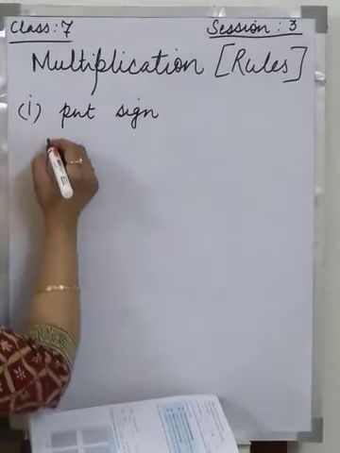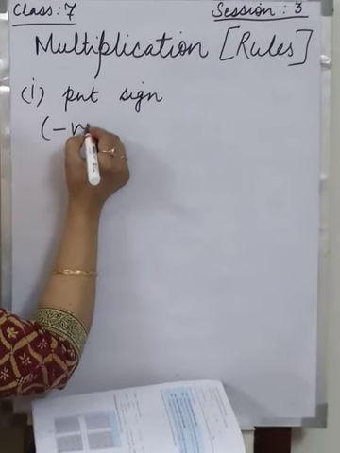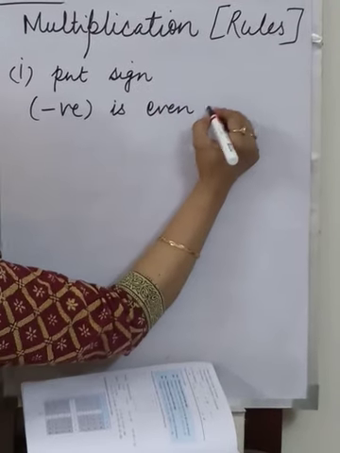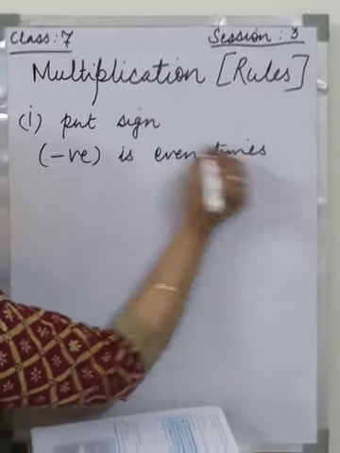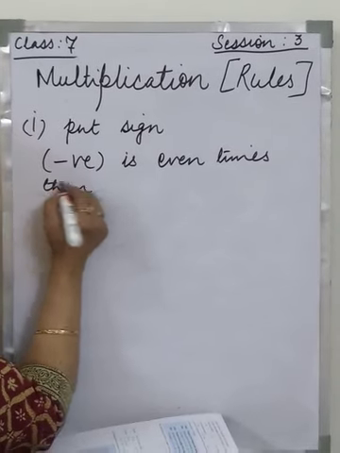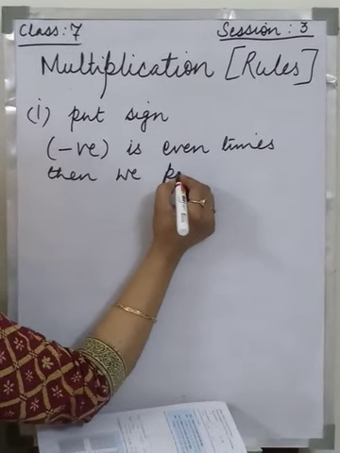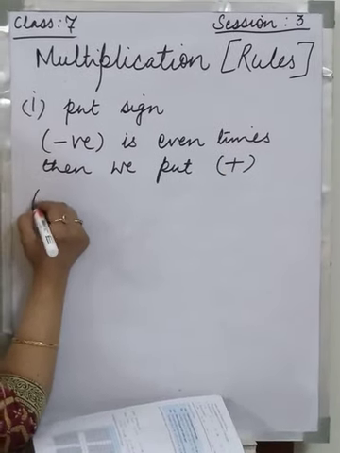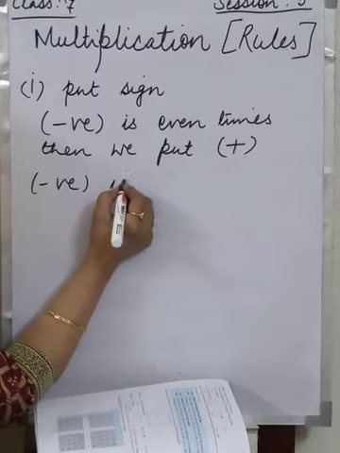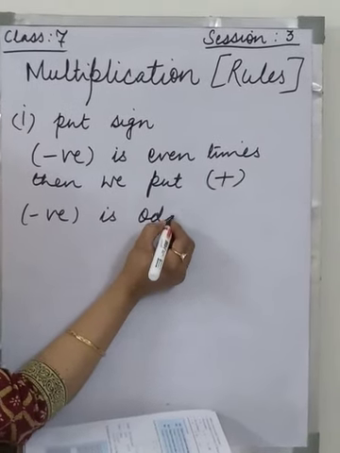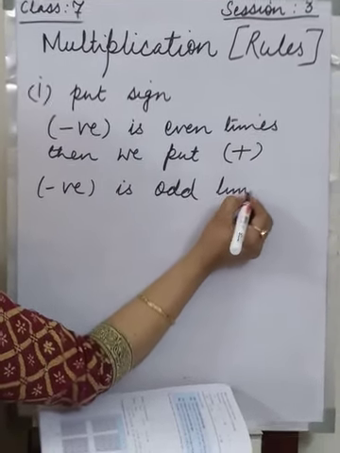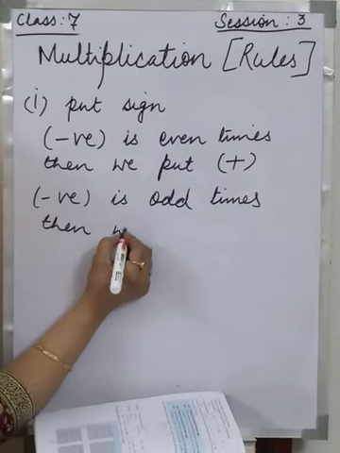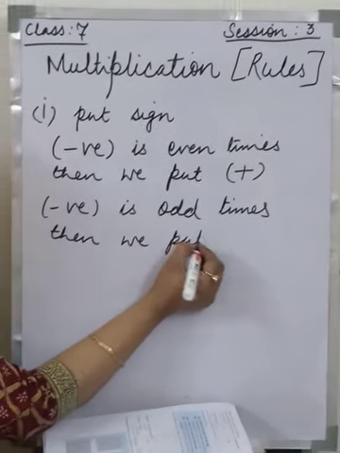How to put the sign? If the negative sign occurs an even number of times, then we put a plus sign. If the negative sign occurs an odd number of times, then we put a minus sign.